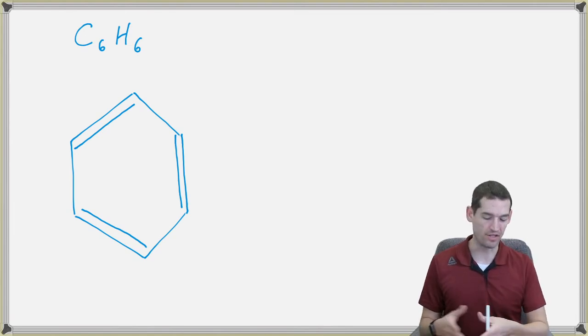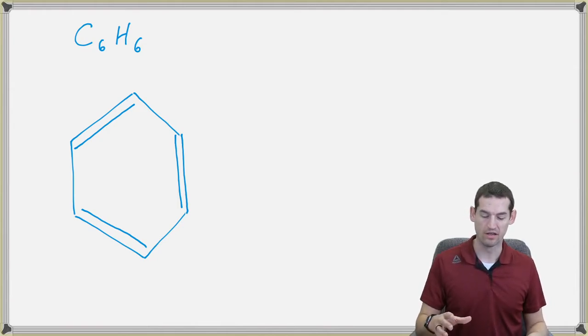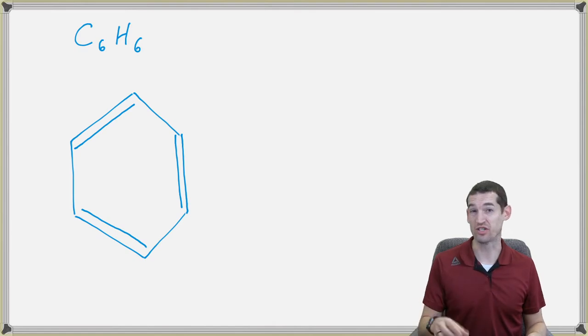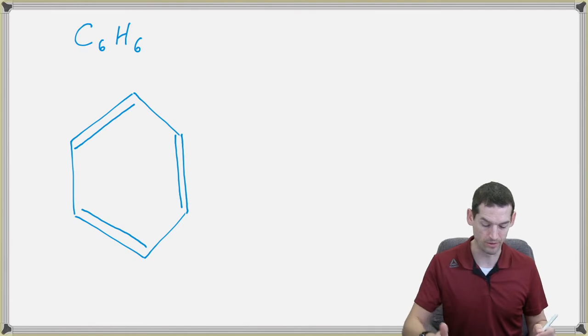So that told them that this probably isn't the most correct representation of what's going on. Although you may still see this representation used on some questions, maybe even on a test. If you take anything in university, you may still see this representation. It's not the most commonly used anymore.